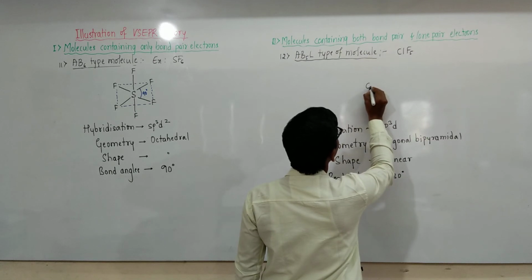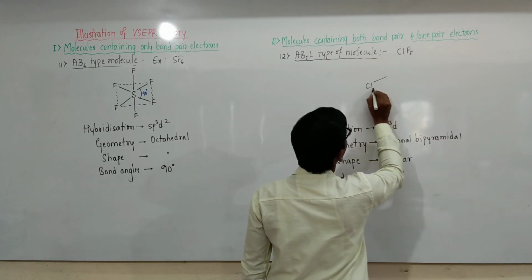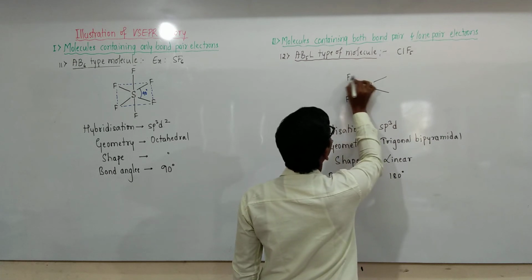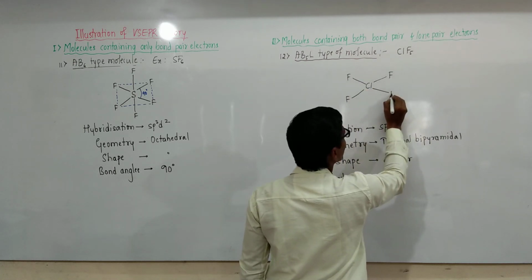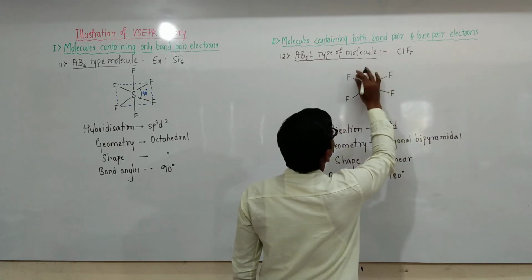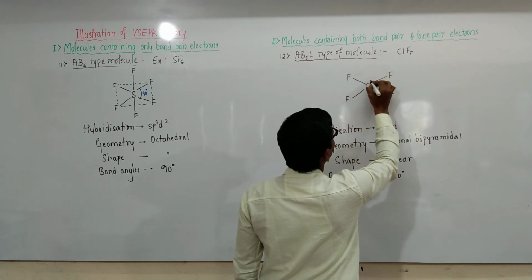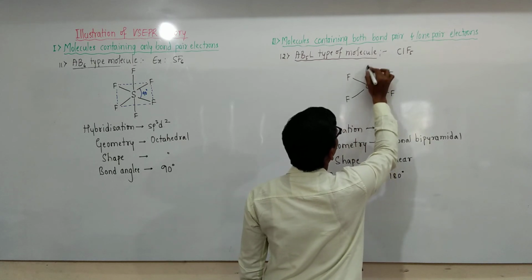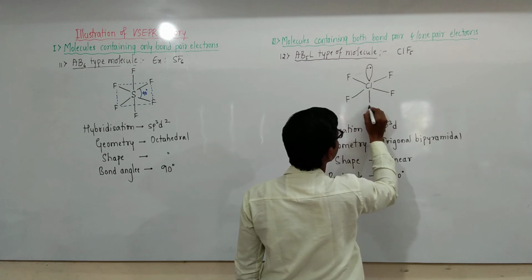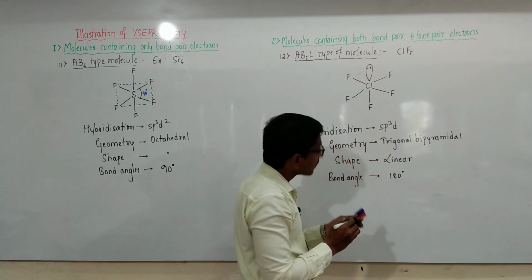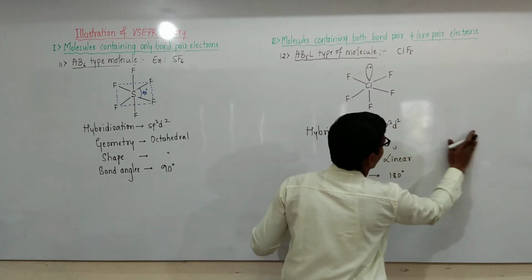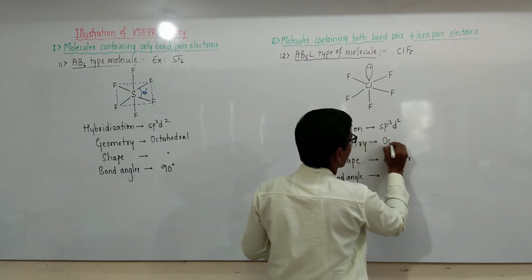The central Cl is surrounded by 4 fluorine atoms in the square planar and 1 lone pair in the axial position. This is the sp3d2 hybrid state, and the geometry is octahedral.